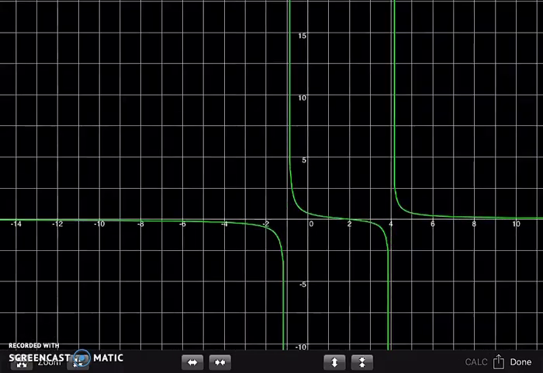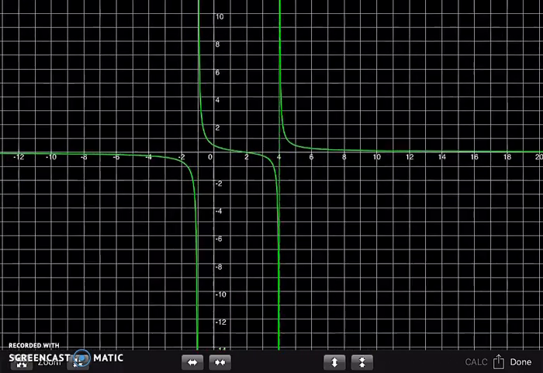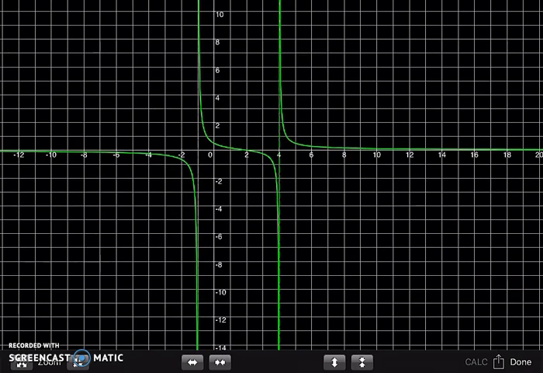So this is one of those cases where that graph goes through your horizontal asymptote. But if you're looking at it, again, it still has that alternating kind of pattern, like your two branches are opposite one another, even though that centerpiece goes through.